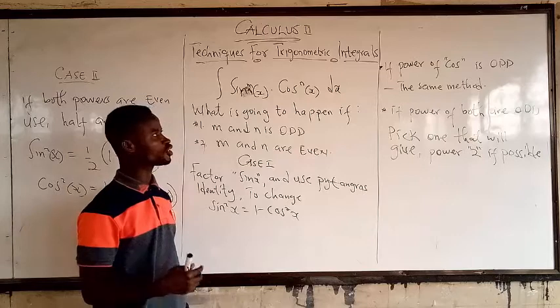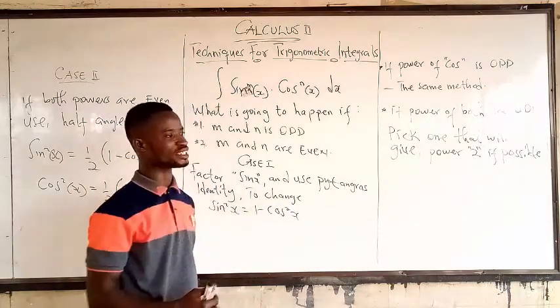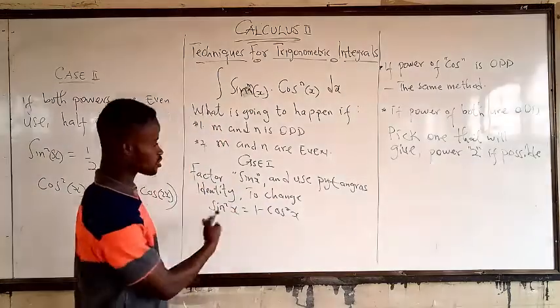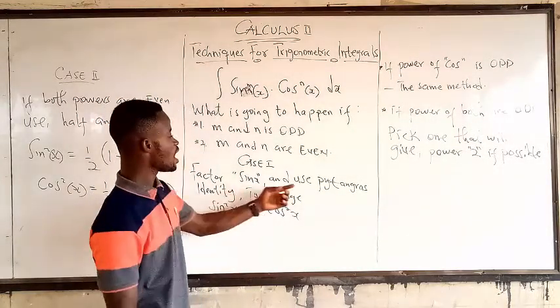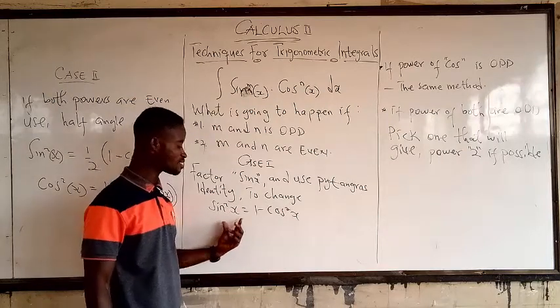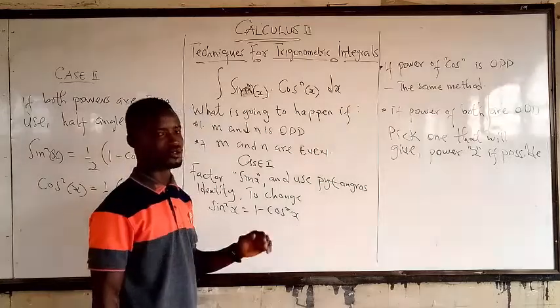Not only that, you can also factor cos out. When we are solving the question, you get to know this, and I will explain it further then. And use the Pythagorean identity to change sine squared x to be equal to this, so that you can get everything in terms of cos.